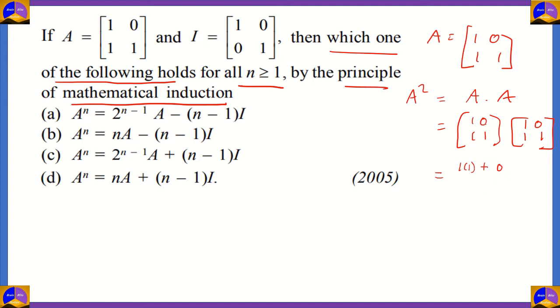And then you have 1 times 0 plus 0 times 1, that is 0. 1 times 1 plus 1 times 1. And then over here, it'll be 1 times 0 plus 1 times 1. So the value of A squared will now be equal to [1, 0; 2, 1].